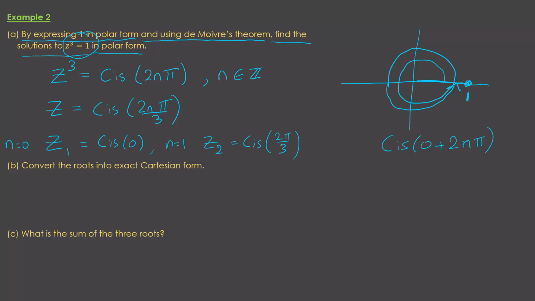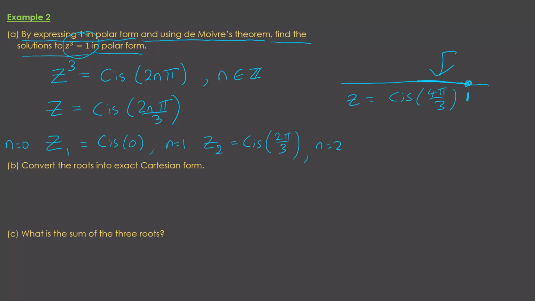And then we have the n equals 2 situation, and that means z would be cis 4π by 3. But remember, we normally give the argument in the range negative π to π. So that third solution would actually be cis negative 2π by 3.